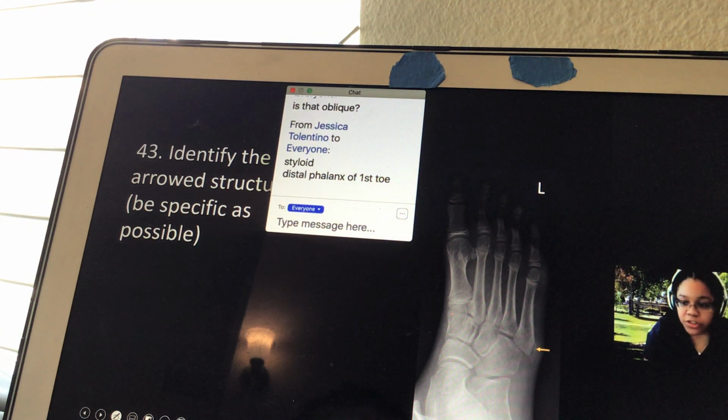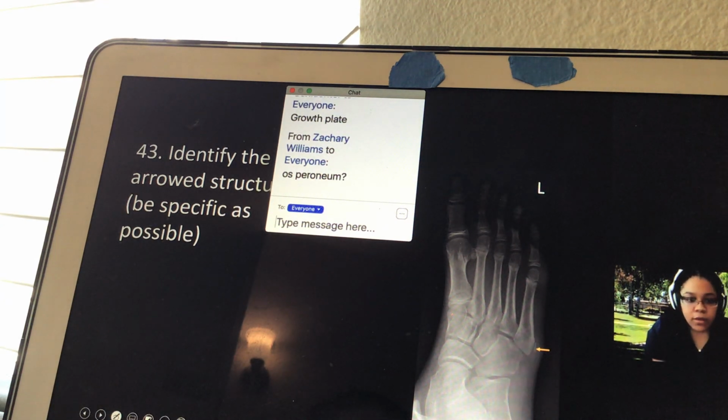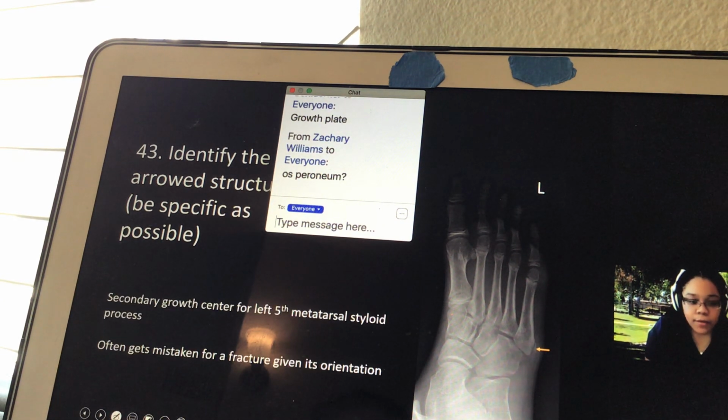So what was this structure here? You see that it's vertically oriented. Yeah, this is a growth plate or a secondary growth center. A fracture would be more of a transverse orientation.